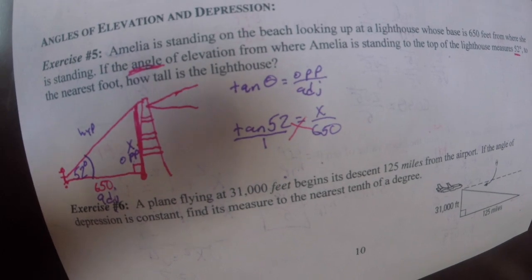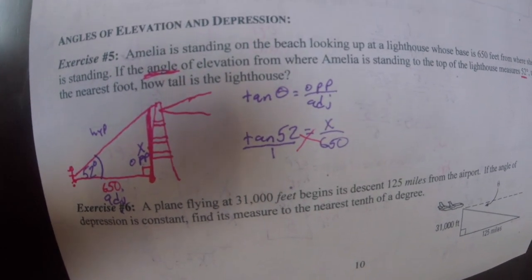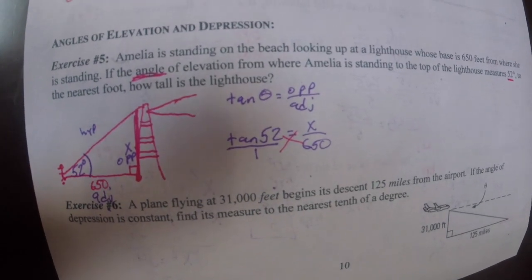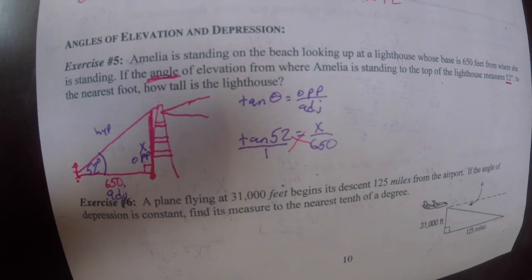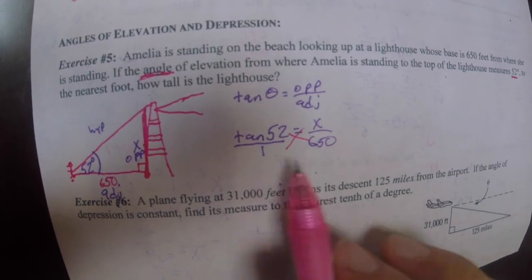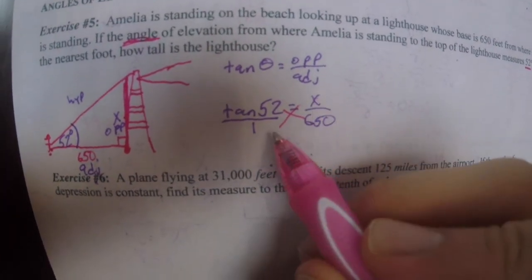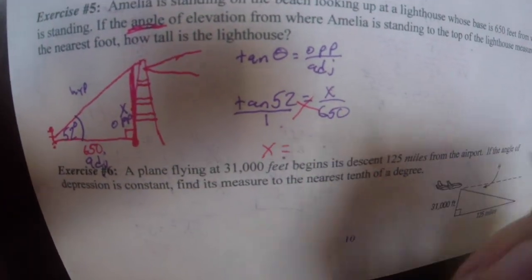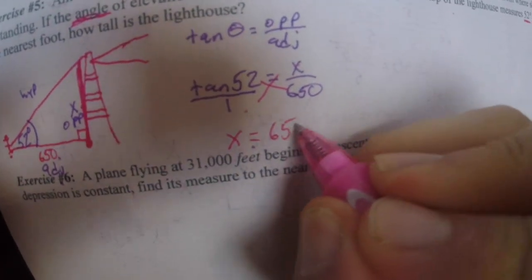That's the way that it was taught to me, and it just makes sense to me. You may not have learned it that way, but if you remember a way that's easier for you, that's fine. But I like thinking about it as a proportion, and with a proportion I can cross multiply. So I have x times 1 is x equals 650 times tangent of 52.